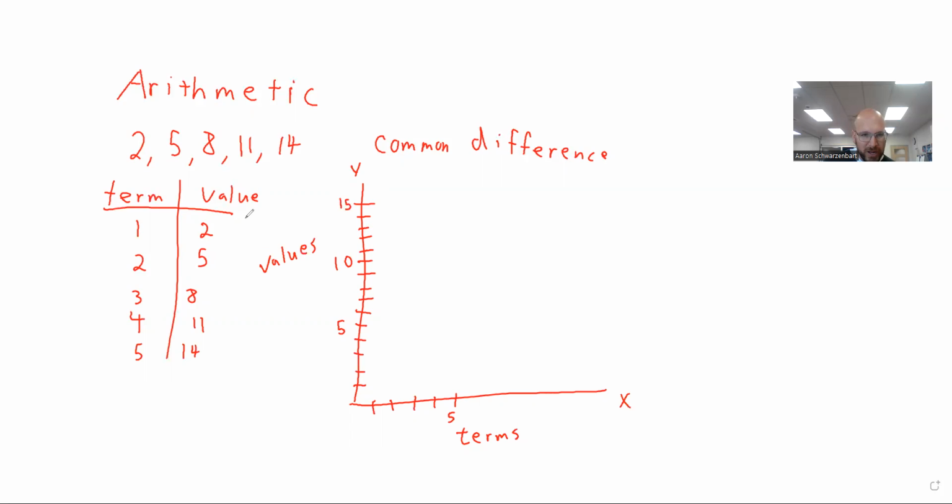Okay, so my point here, I'm just going to graph the points. This is going to be a discrete graph.